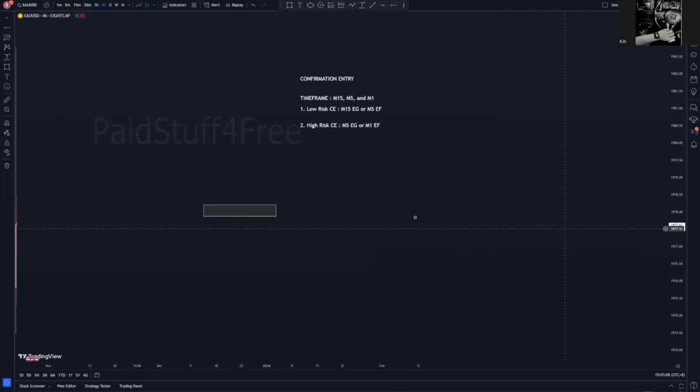Low risk, less pressure. Sometimes it's going to be high pressure because we miss 100 pips straight, we miss 200 pips straight, something like that, right? So yeah, that's it for the confirmation entry.